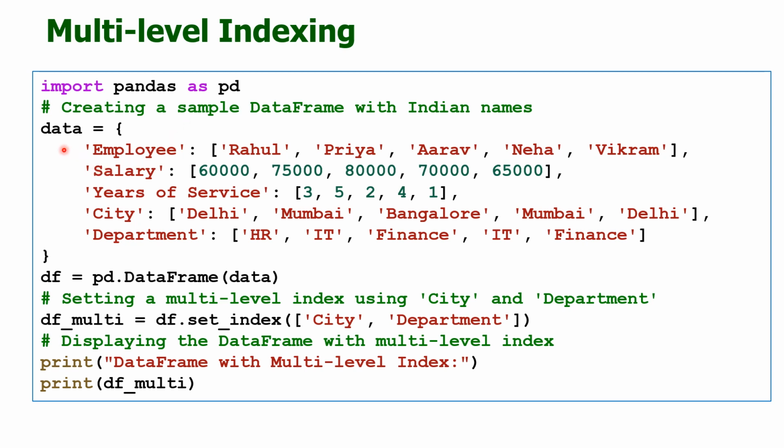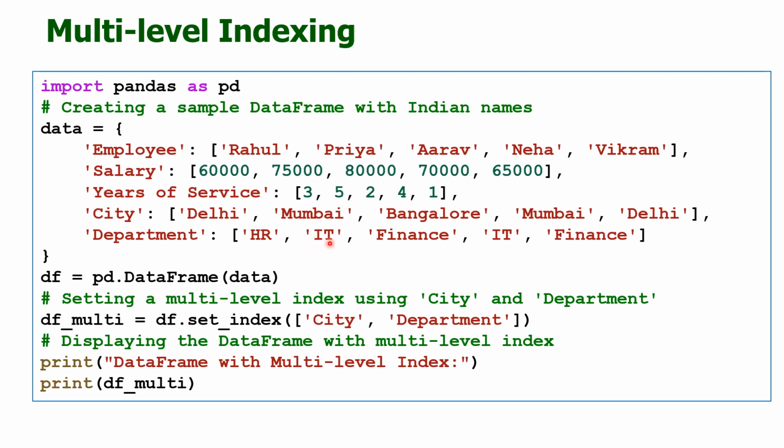Now let us consider an example where we are using dictionary data with different keys, including employee, salary, years of service, city and department, having different values for each of these keys. For example, the key employee has the values Rahul, Priya, Arav, Neha and Vikram with their corresponding salaries, years of service or experience, and the corresponding cities and departments to which they belong.